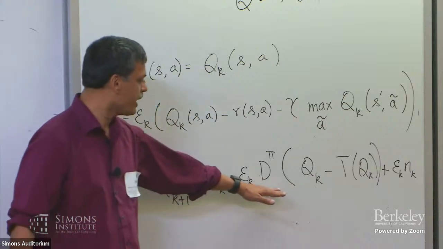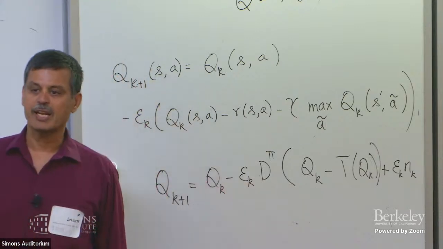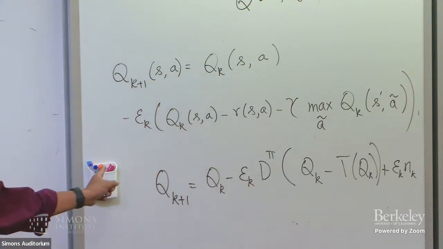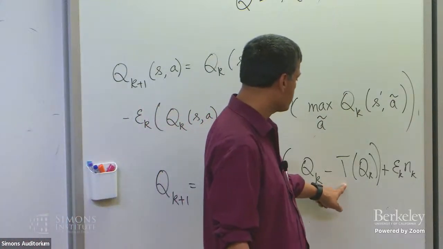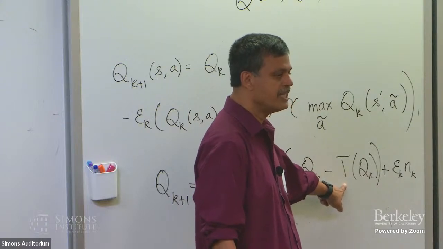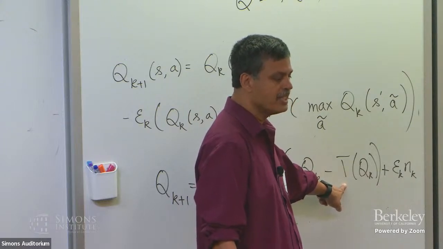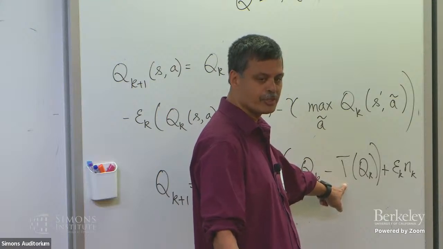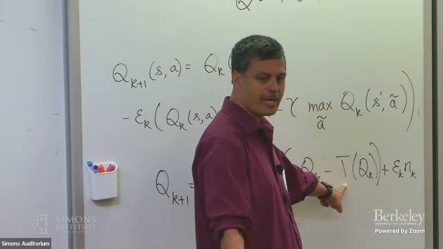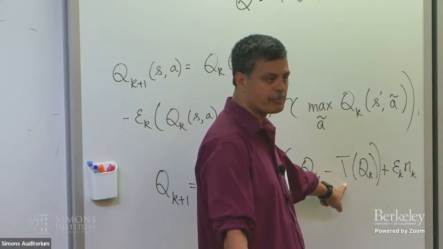Again, if you're able to analyze the deterministic system, you can analyze the stochastic system. But now there's a problem. There's a real problem here because this T is an infinity norm contraction, and it is not a d pi norm contraction, as I said before. So it's no longer compatible with the quadratic Lyapunov function that I mentioned before. Okay, so that is the problem here.